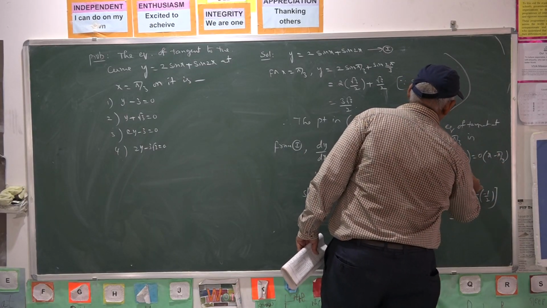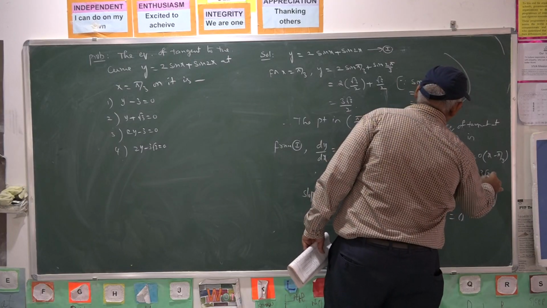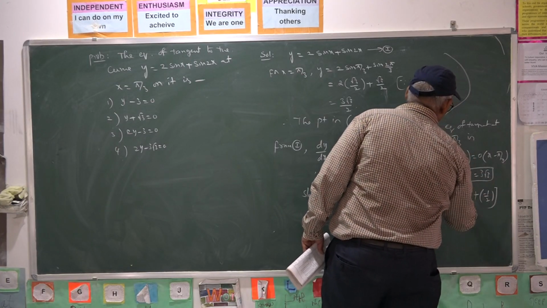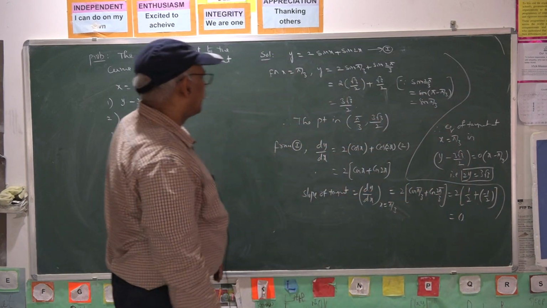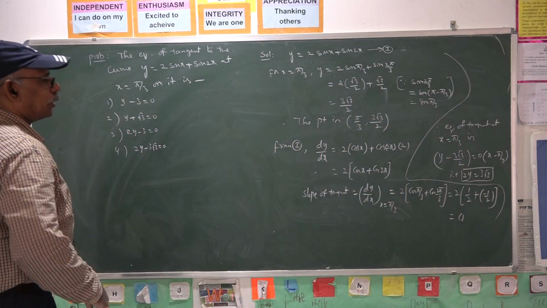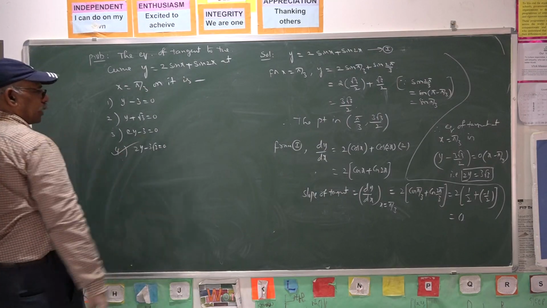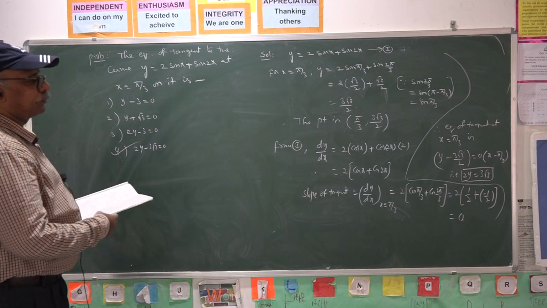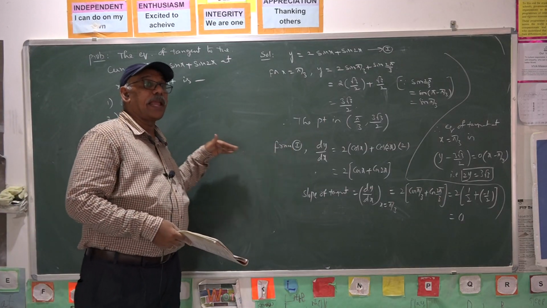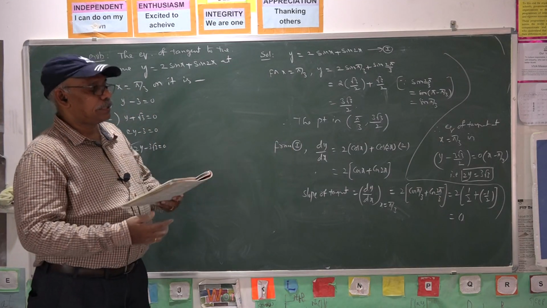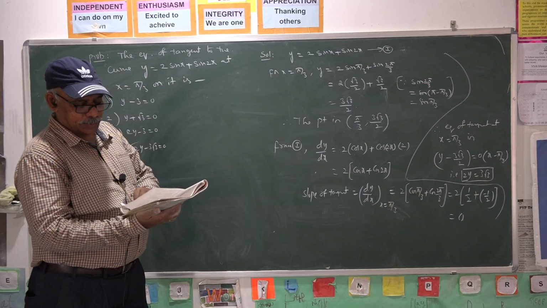That is 2y equal to 3 root 3. This is the equation of tangent: 2y equal to 3 root 3, or 2y minus 3 root 3 equal to 0. Here the tangent is parallel to x-axis at that point.